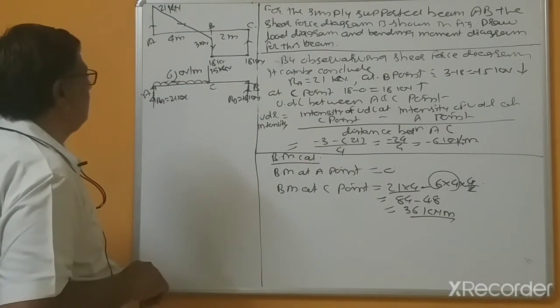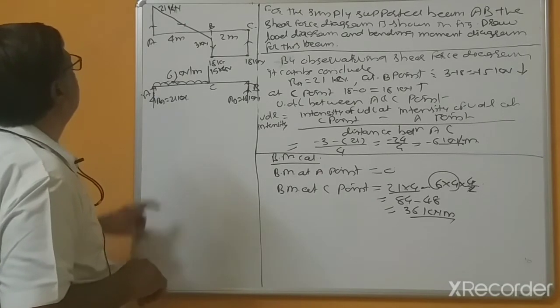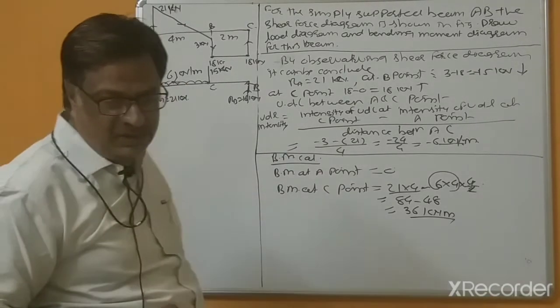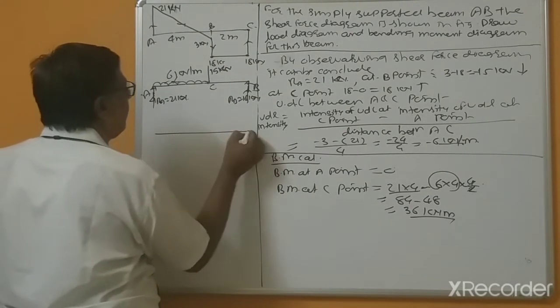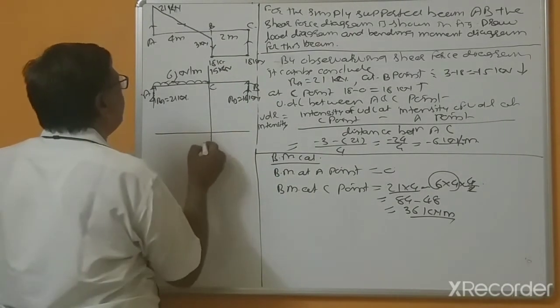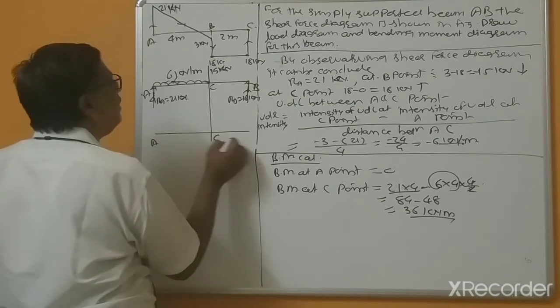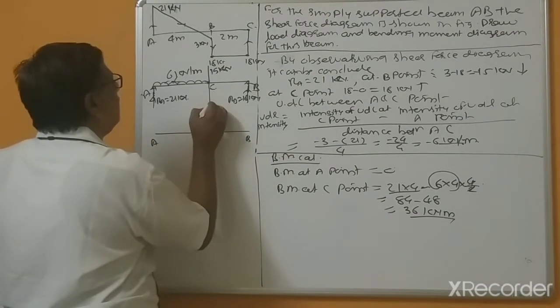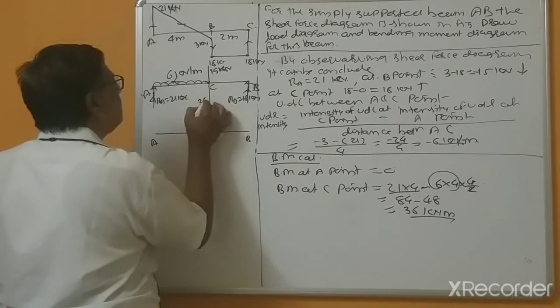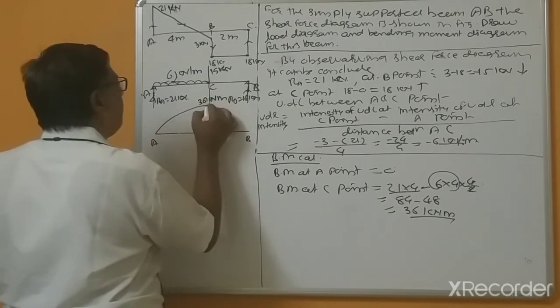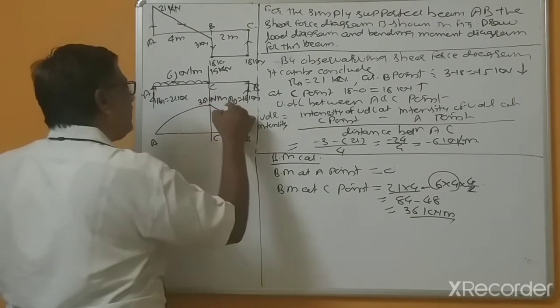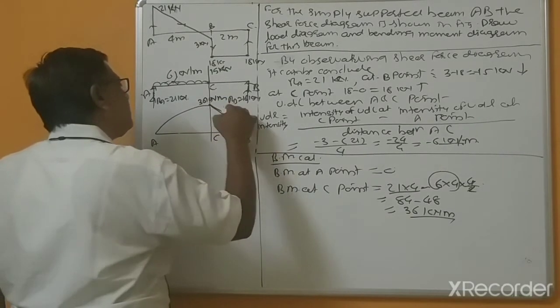And this is positive, but this is uniform distributed load. So that's why it's a bending moment diagram. C point, A point, and this is B point. Here suppose this is 36 kilonewton, and this is straight line. Why this is straight line?